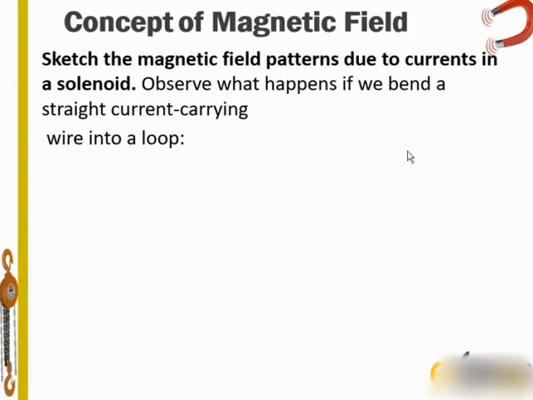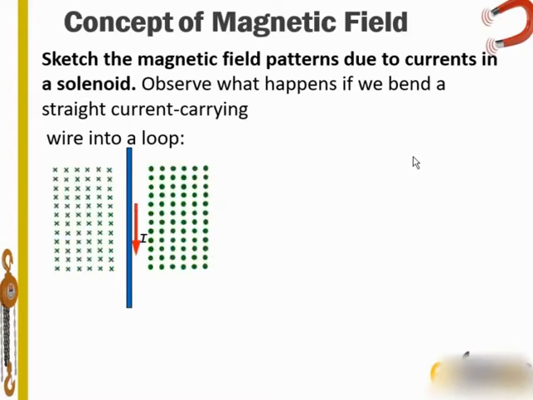Now the question is, what does that magnetic field look like? Well, we're going to sketch the magnetic field pattern due to the current in a solenoid. But before we actually sketch it, let's have a look at the theory involved in the production of the magnetic field.